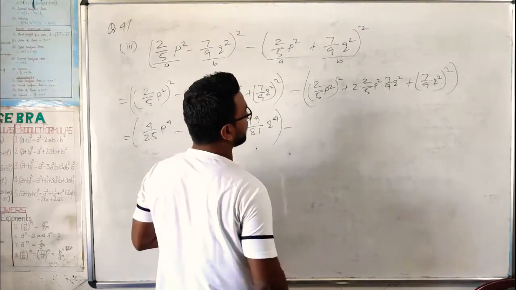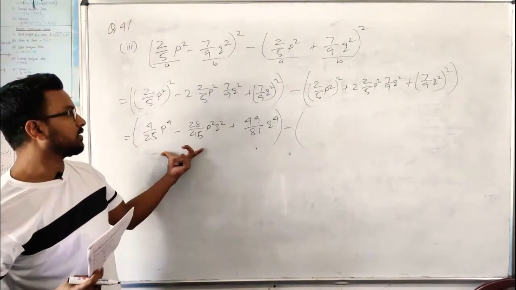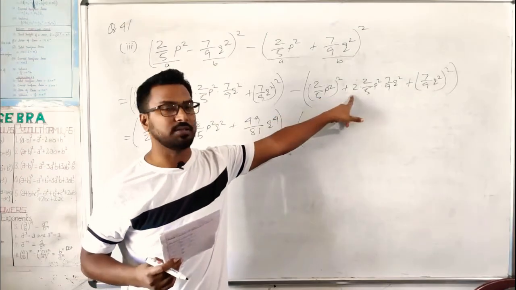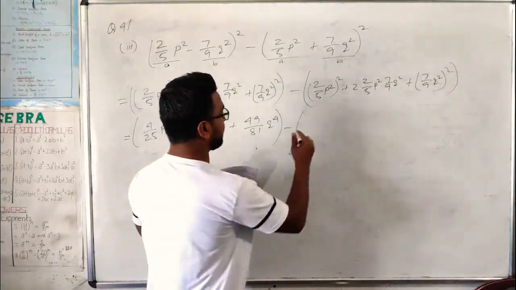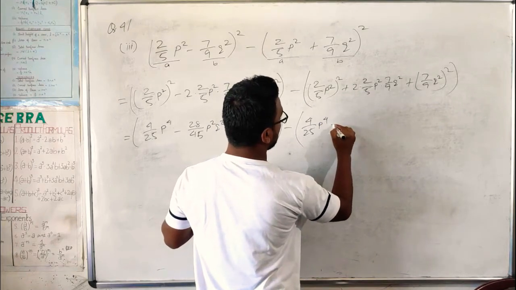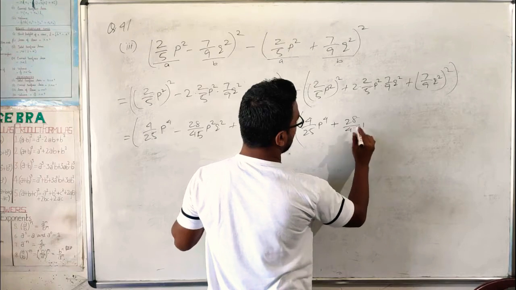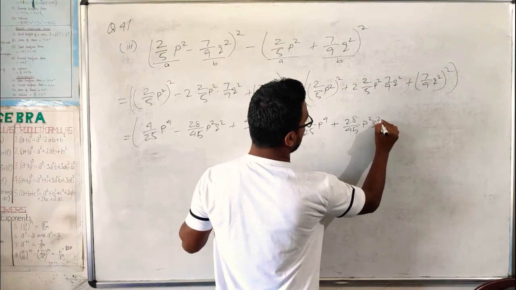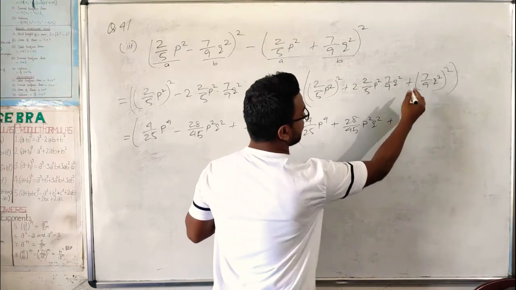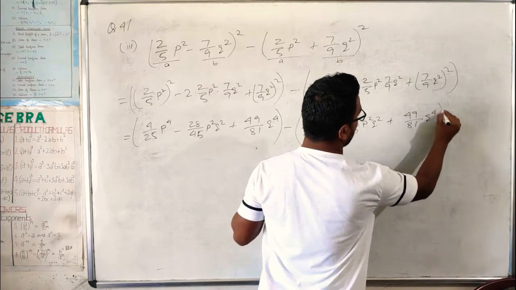Okay, minus this will follow the same formula, same thing, but the sign will be plus here. So we'll just copy the same thing. 4 by 25 p to the power 4, this will become plus 28 by 45 p square q square plus this will be 49 by 81 q to the power 4.